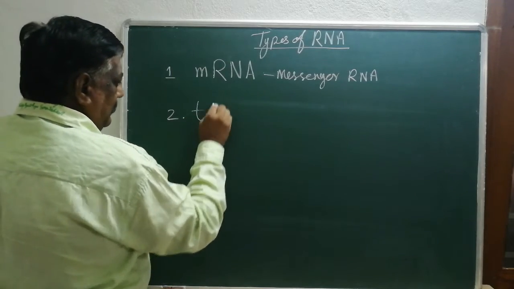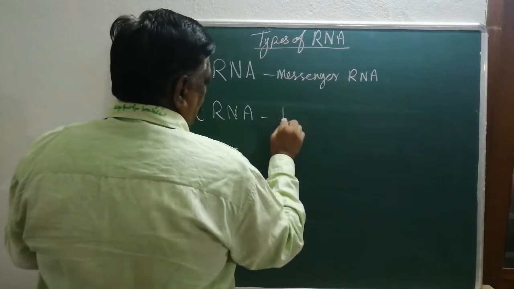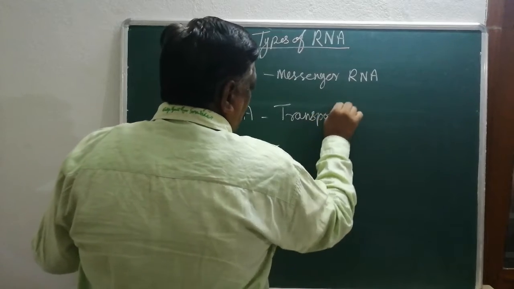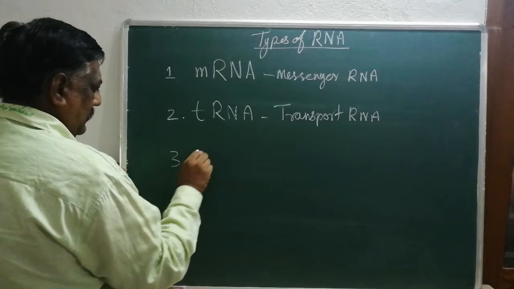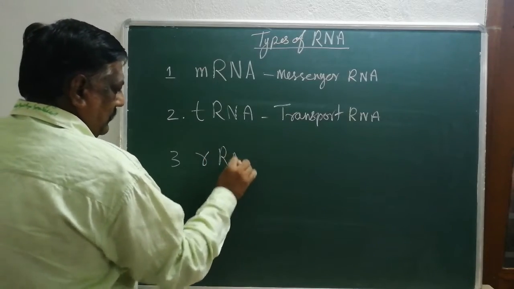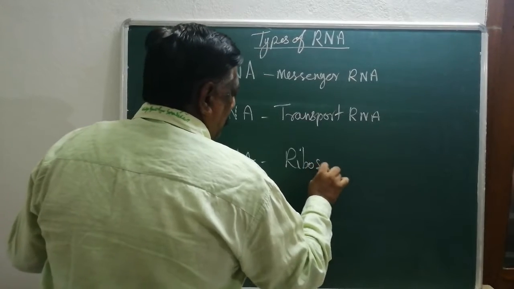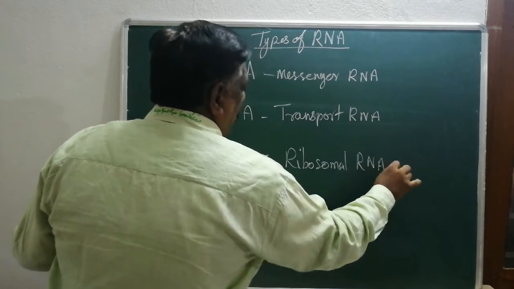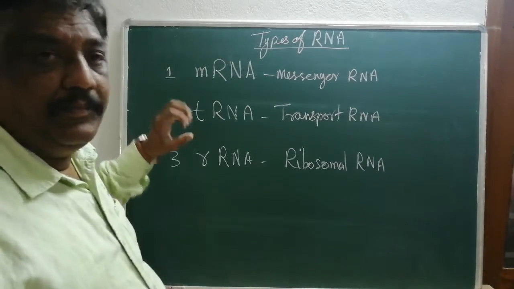And tRNA, transport RNA, rRNA. Okay, there are three types of RNA produced from DNA.